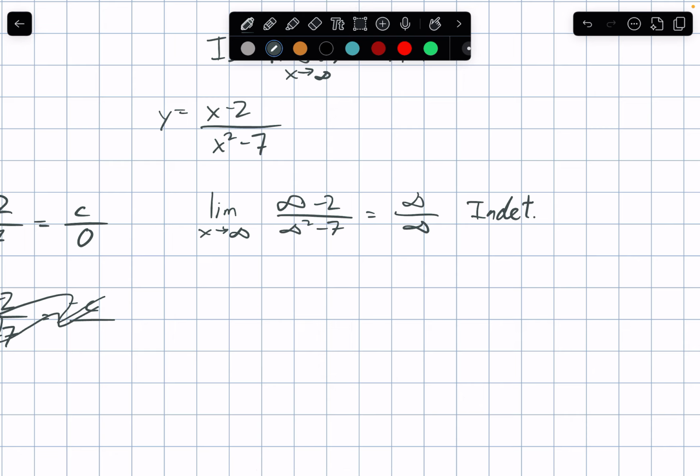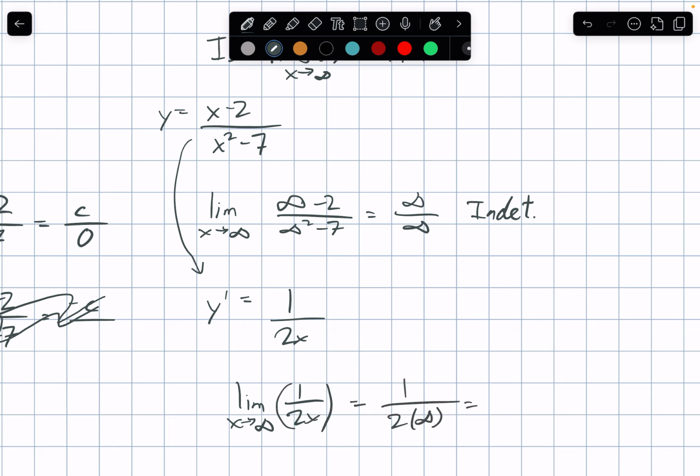So what do we do? We apply L'Hopital's rule, right, to find the limit. So 1 over 2x. Then let's try to directly substitute again. 2 times infinity, we have a constant over infinity. This is going to equal 0. Therefore, this is our horizontal asymptote.